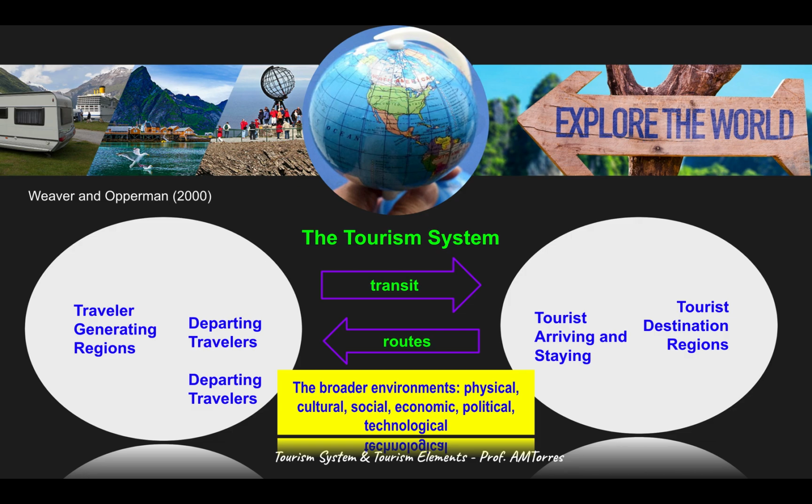I would say activity, but tourism has to have a movement. So that's why there should be transiting, regardless of what transportation you will use, whether land, air, rail, or maybe water. There is the transiting, and then the route is there.